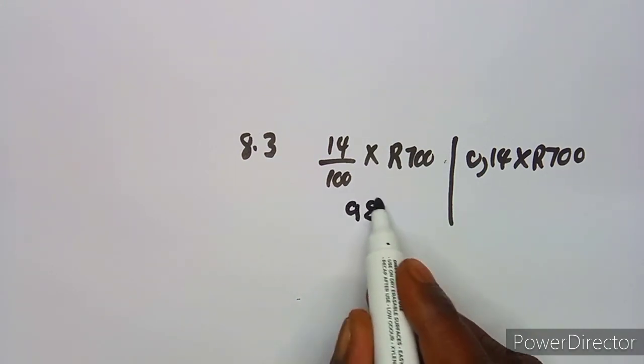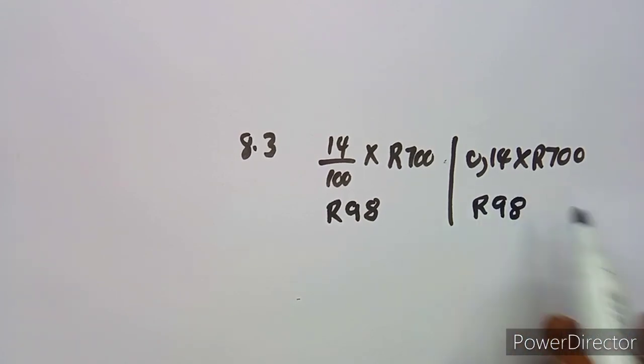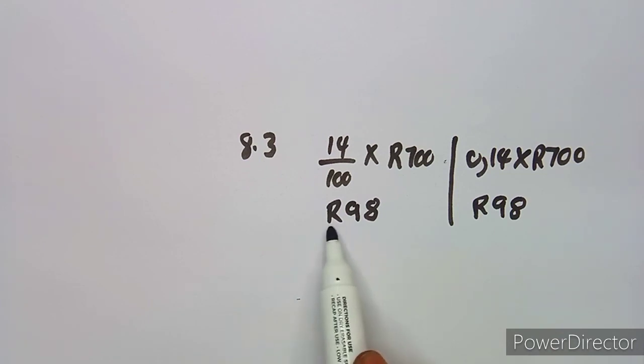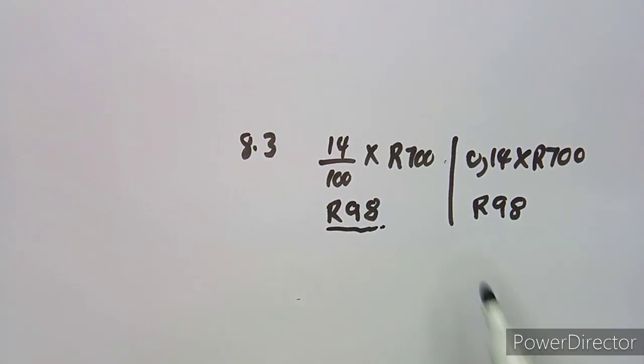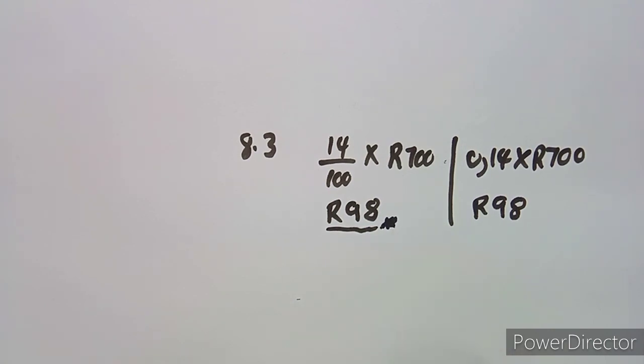So this is going to be 98 rand here. This is the amount which was added due to tax, which is the value added tax. It's not the price of an item. This is just a tax that is 98.